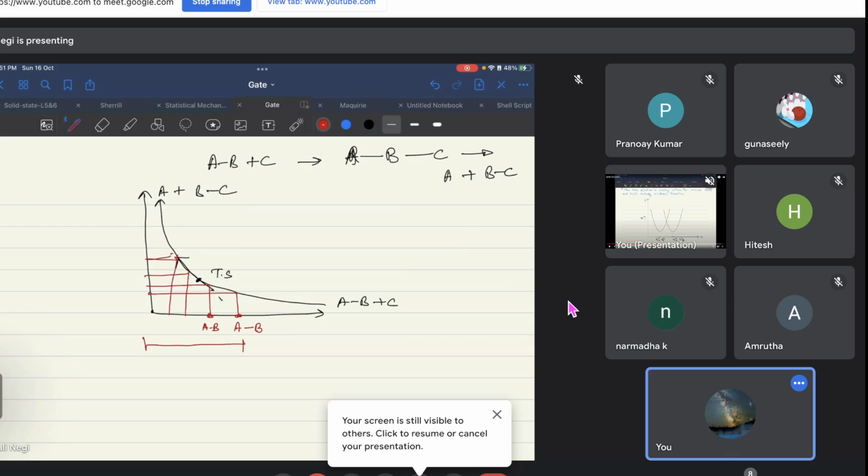Does any one of you remember this? Because I am also forgetting a little bit. So this was something which denoted the asymmetrical stretch.